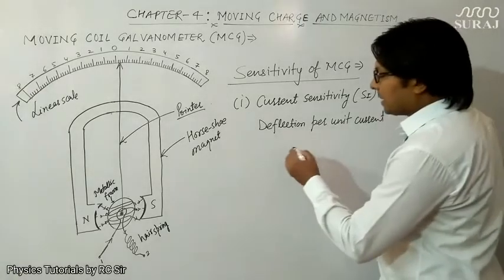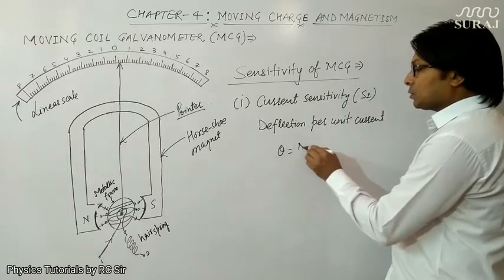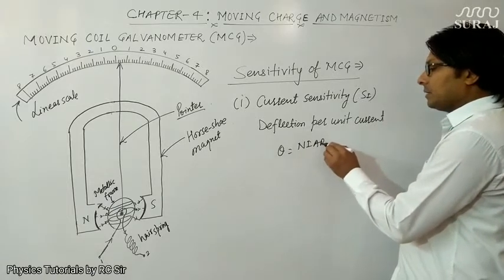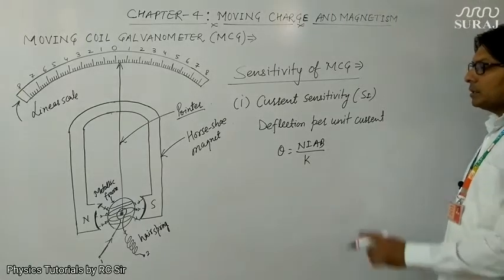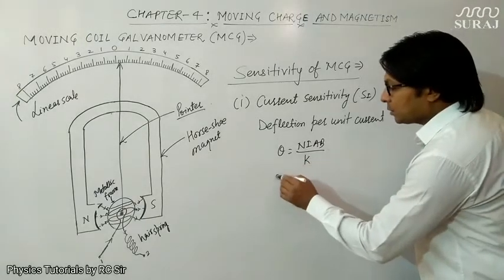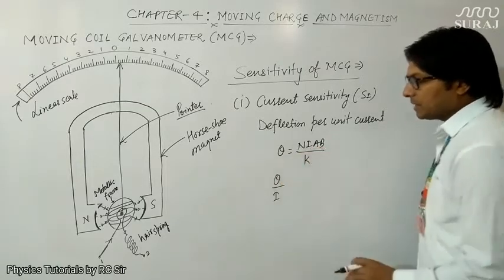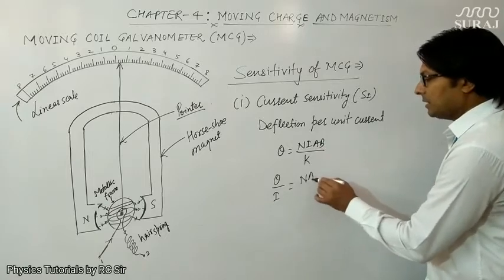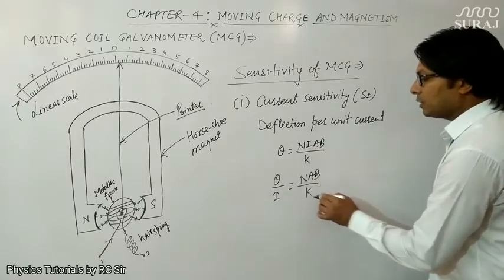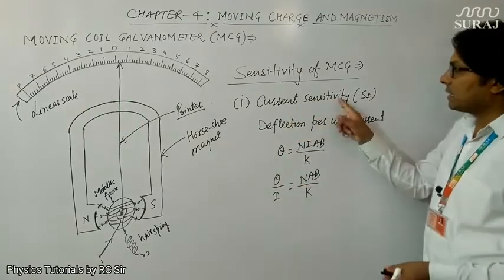So since we are having the formula theta is equal to NIAB upon K, which we have derived in the working, this can be written as theta upon I. If I write this I beneath this theta, it will become theta upon I equals NAB upon K, and according to the definition, deflection per unit current is known as current sensitivity.